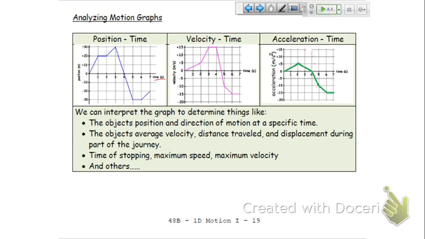And notice they are three different types of graph: position, velocity, acceleration. Different. Let's try and interpret them. What can you tell me about the velocity of this object? So remember, this is a straight line. We're only going on a straight line. We've just got an object. What can you tell me about the velocity of this object over the first second?